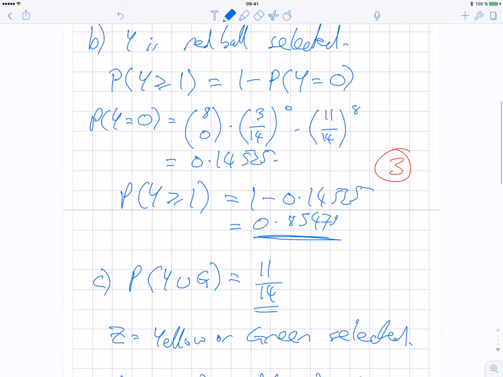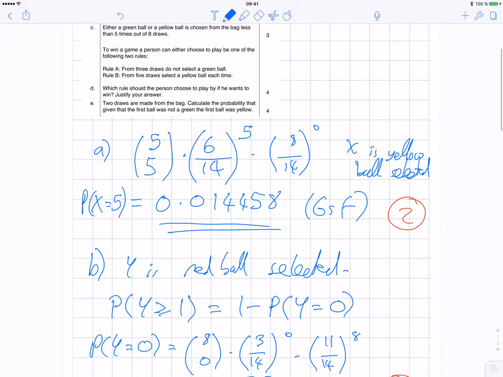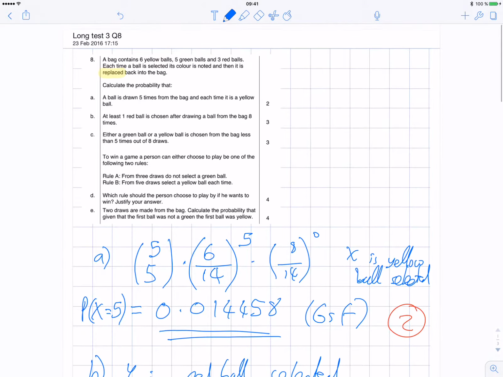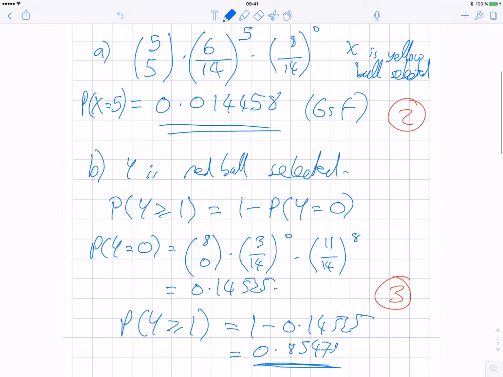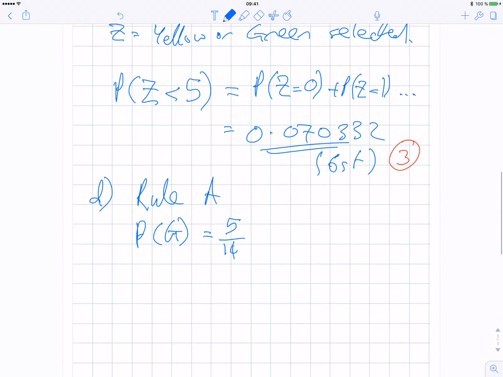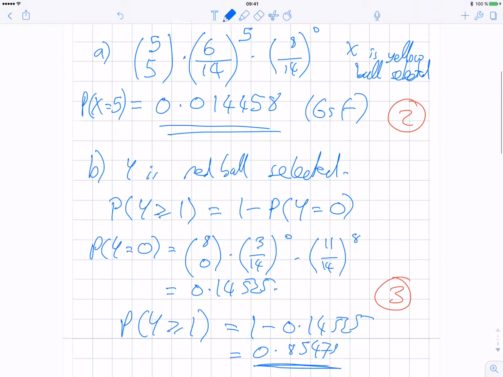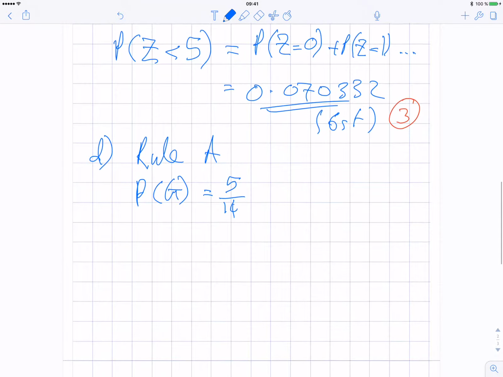Now, the probability of selecting a green ball is 5 over 14. So the probability of a green is equal to 5 over 14. And in 3 goes we do not want to select it.